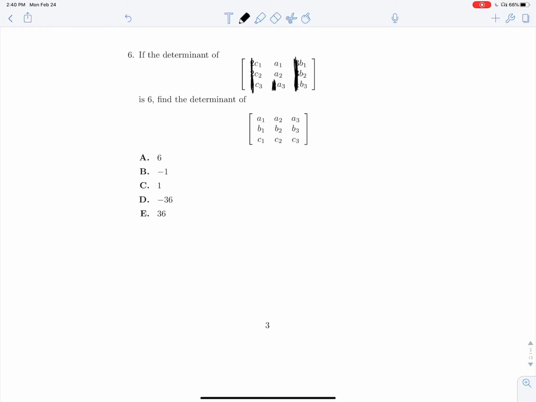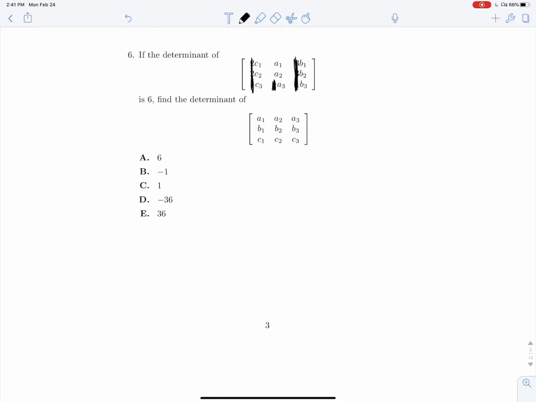Okay, so we definitely want A1 to be in this position, and actually, no, we're going to do this in a slightly different order. We're going to have to transpose this matrix so that these entries read 1, 2, 3 along the top instead of 1, 2, 3 down like they've done here.